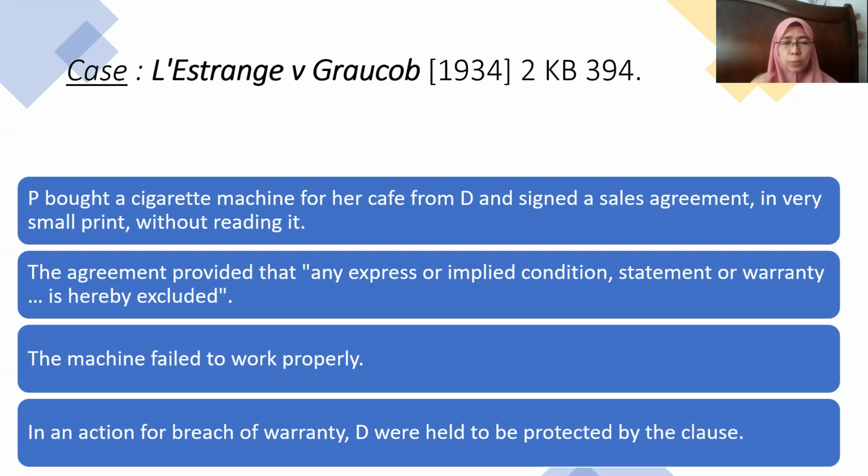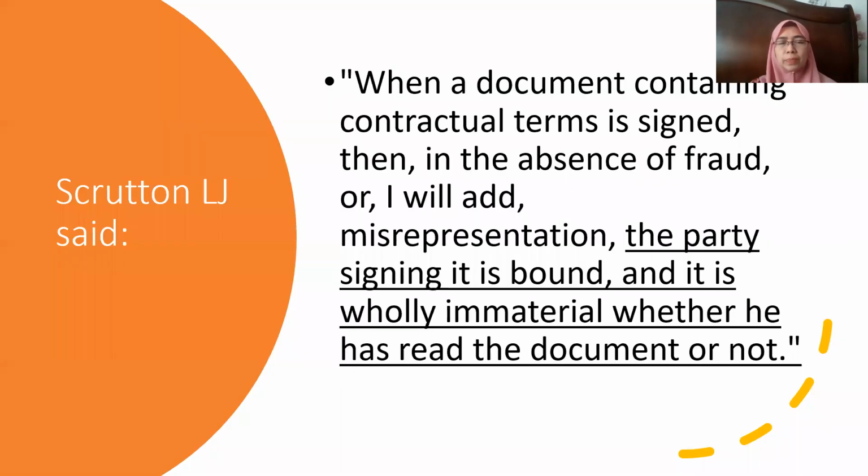So the machine failed to work properly, and later the plaintiff brought an action for breach of warranty. But the court held that the defendant was protected by the clause, because the clause provided that whatever warranty, they are excluded. So that's how an exemption clause operates.